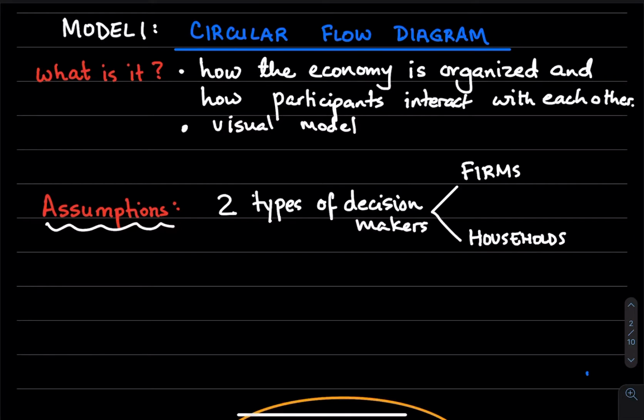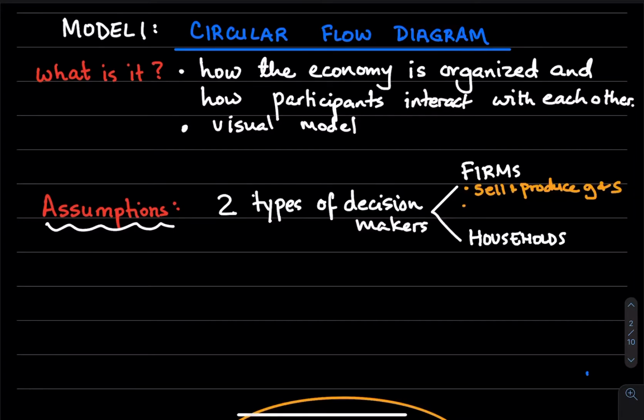So what do firms do? The firms are basically producing goods and services. G and S represent goods and services here. And how do they do that?